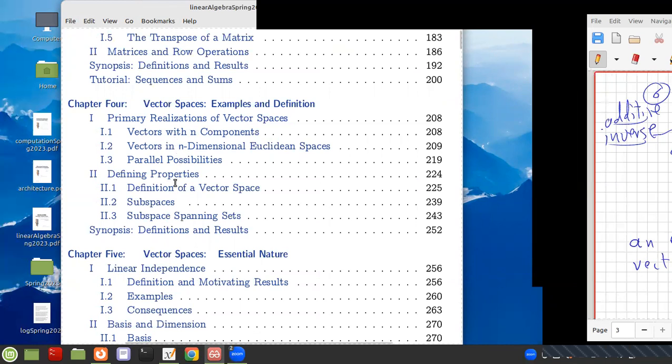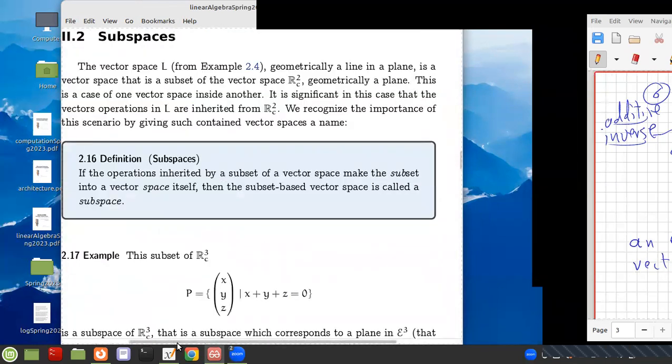So this has been a review and introduction, looking at the examples of the definition, and then we need to look at subspaces.